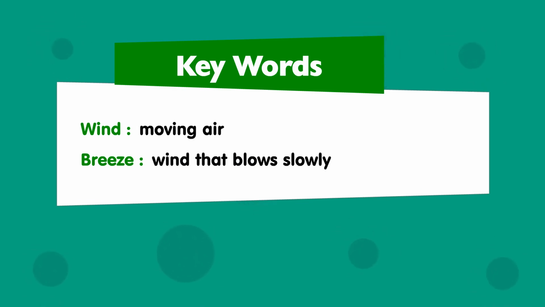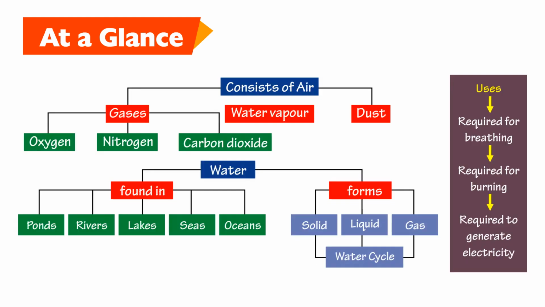Keywords: wind, moving air; breeze, wind that blows slowly. At a glance: air consists of gases, water vapor, dust. Gases: oxygen, nitrogen, carbon dioxide.